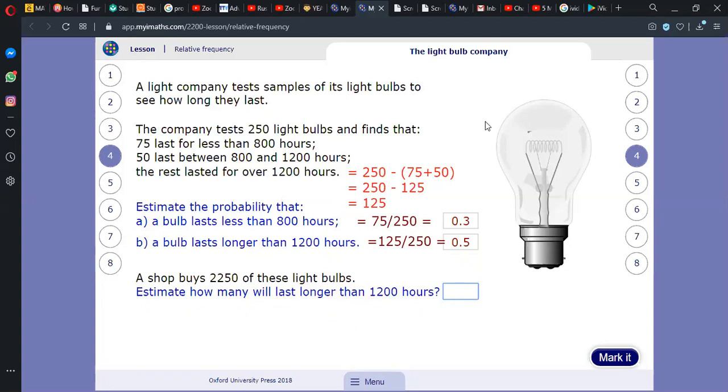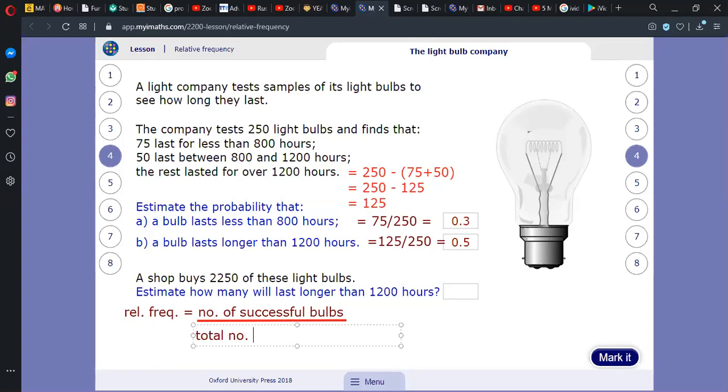So if you already have the formula, relative frequency is equal to the number of successful bulbs, to flow with what the question is talking about, divided by the total number of bulbs.